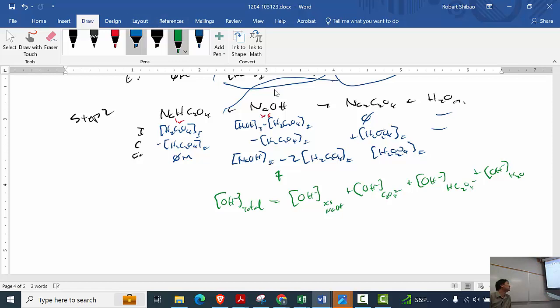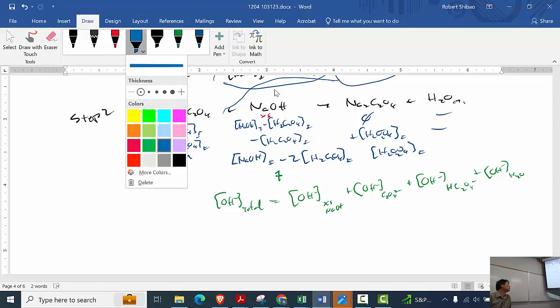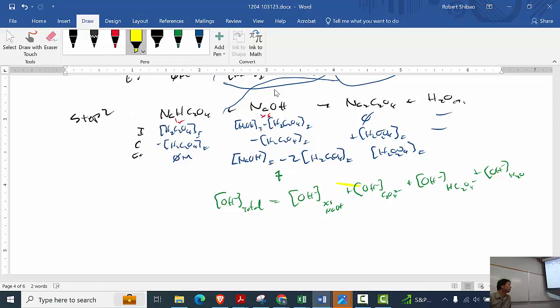So we're going to assume that these ones are negligible. So this would be my step 3.